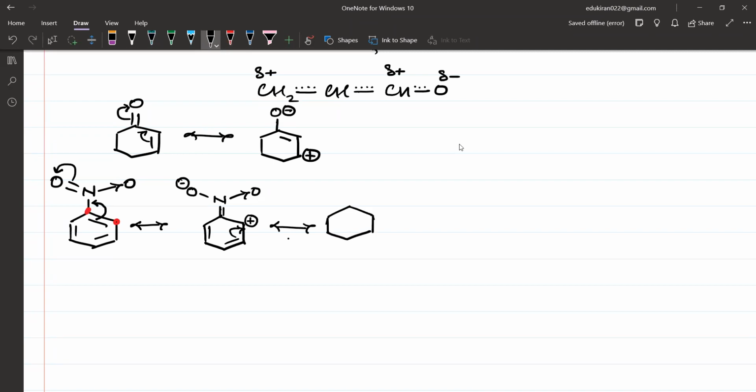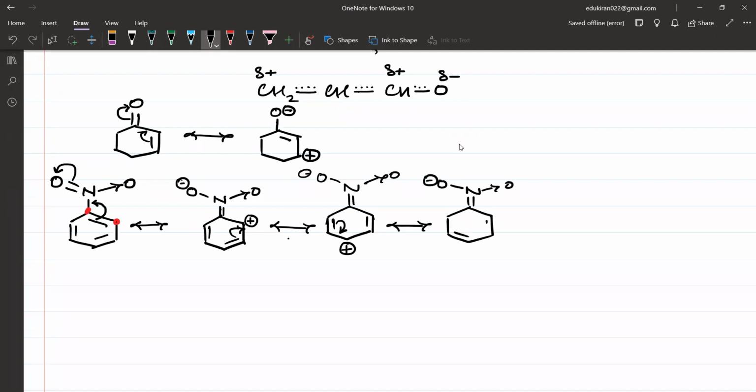Now, this is the case, A double bond B, single bond C, and there is a pi bond. Now, this is going to be NO, negative and a dative bond, the double bond here, double bond here, double bond here, and a positive charge here. This pi bond is going to move down here. Double bond nitrogen, dative bond oxygen, single bond oxygen negative.